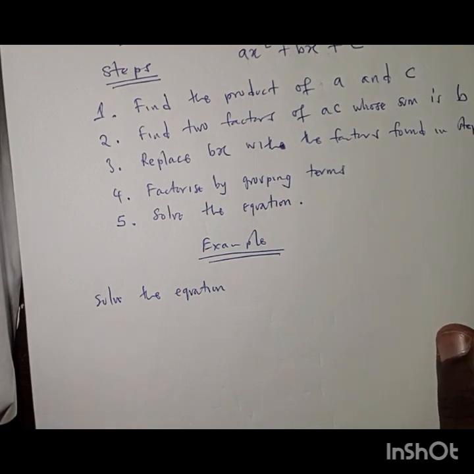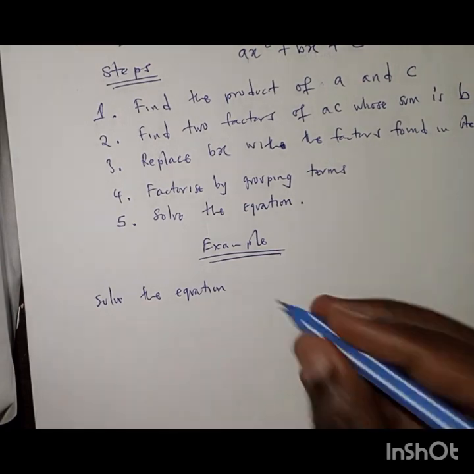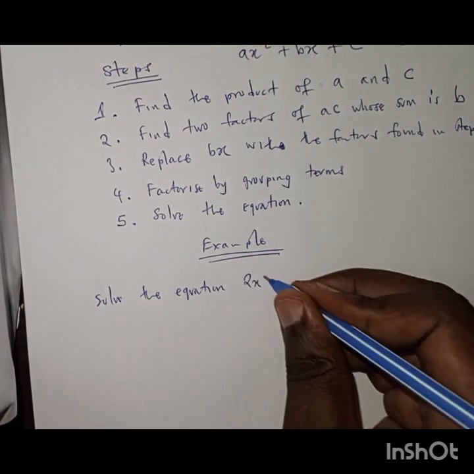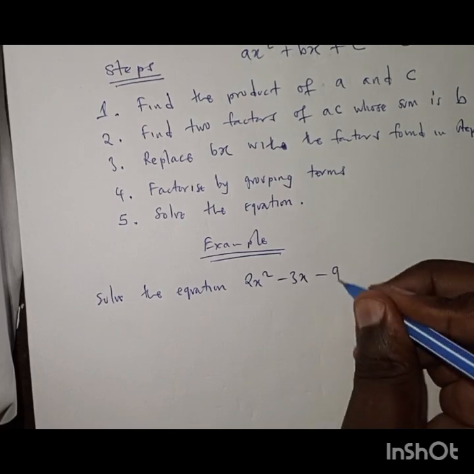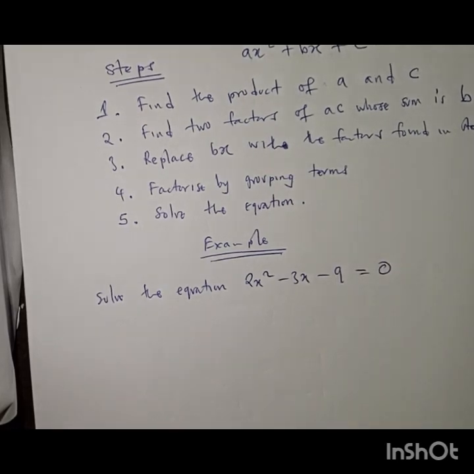Solve the equation 2x squared minus 3x minus 9 is equal to 0.